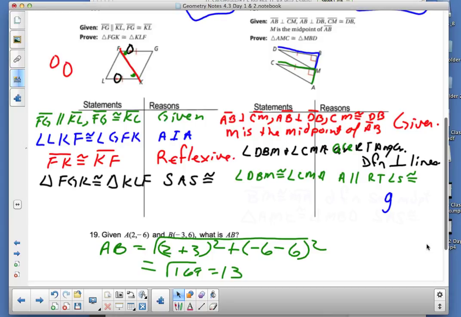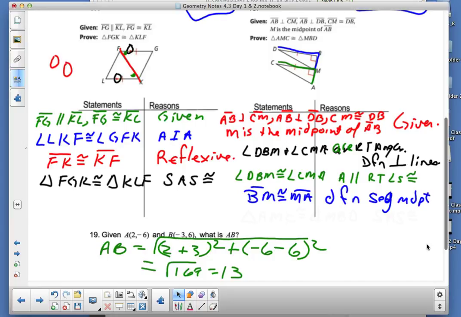So now if I look at this, I've got those right angles, and then they've got this phrase, M is the midpoint. Oh, I've got this one down. I've got the definition of midpoint. That's in my back pocket. So I've got BM and MA are congruent because of the definition of segment midpoint, MDPT is midpoint.